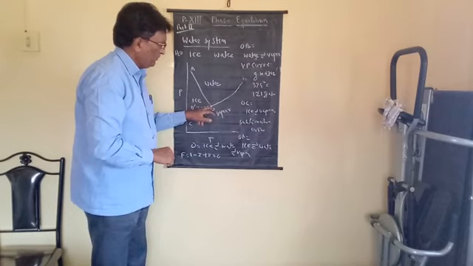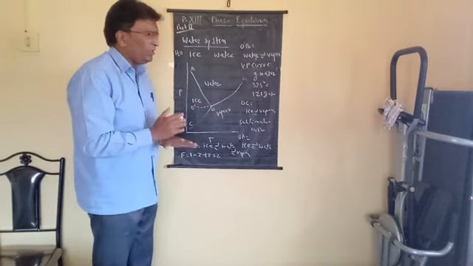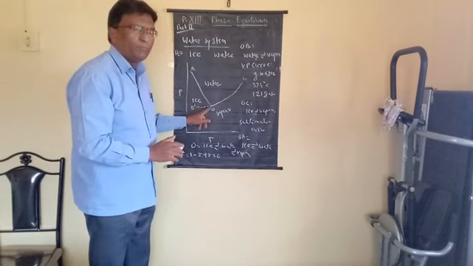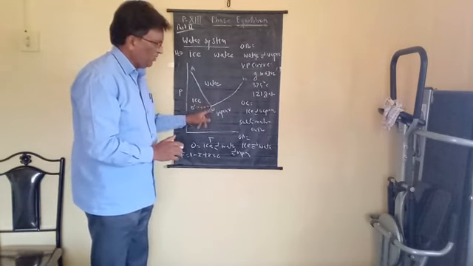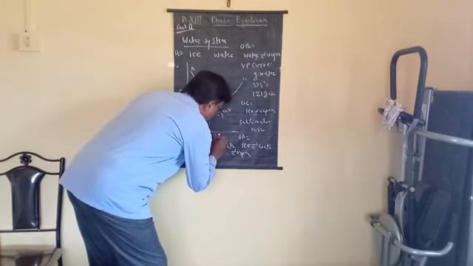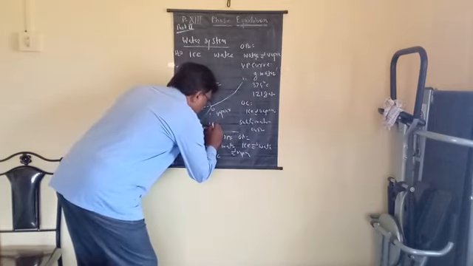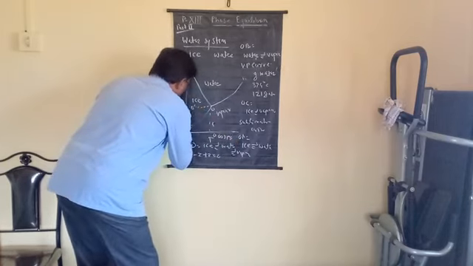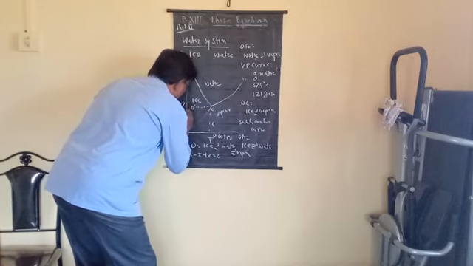Here, the system need not state any variable to define it completely. This is a self-explanatory point, where the temperature is 0.0075 degrees centigrade and the pressure is 4.58 mm.